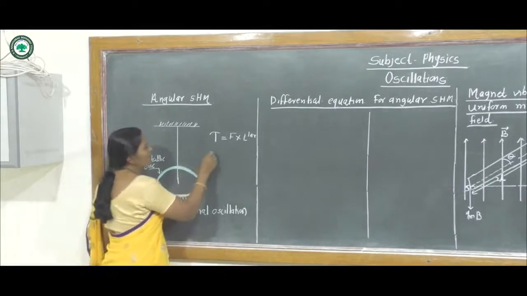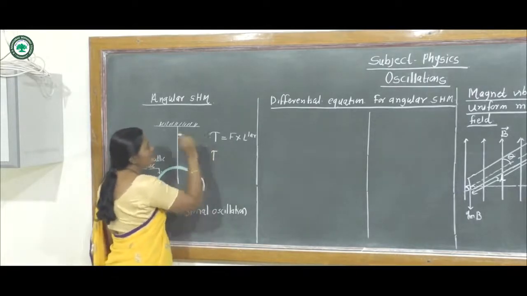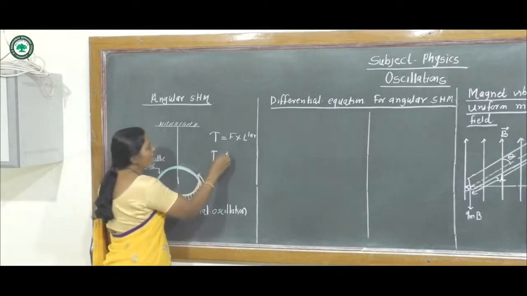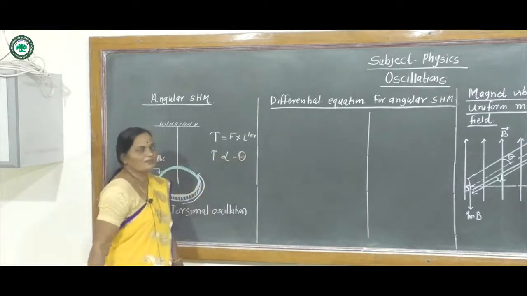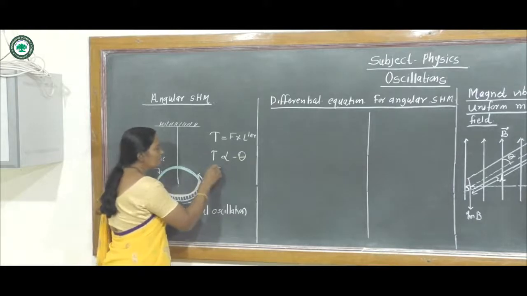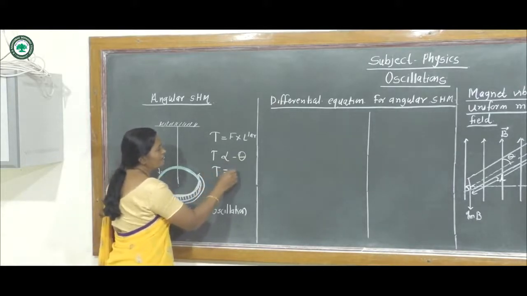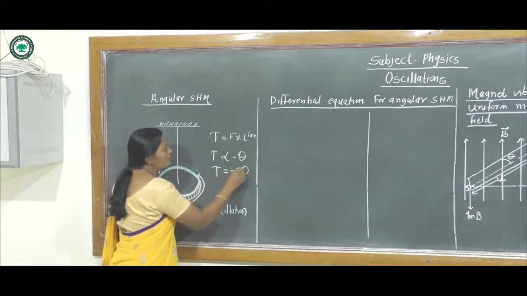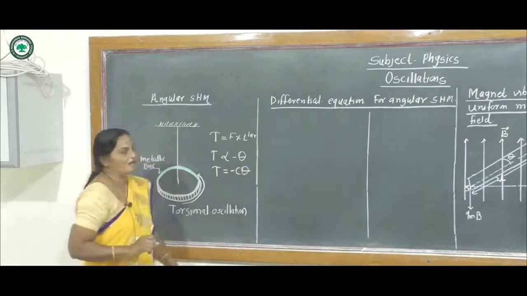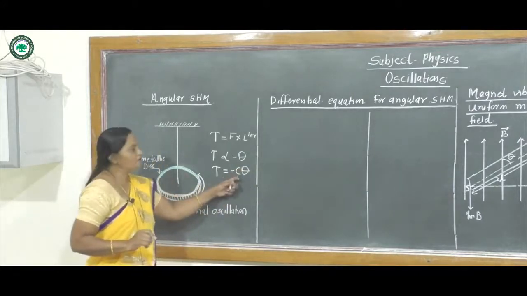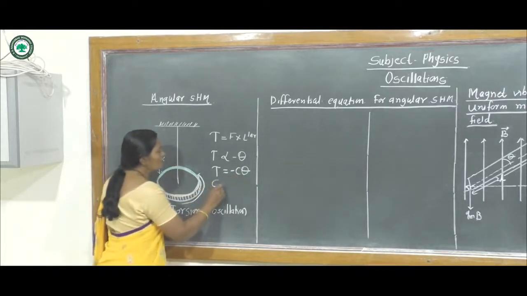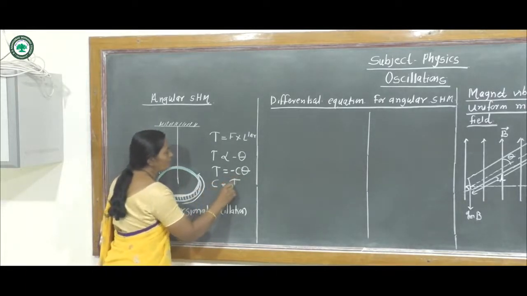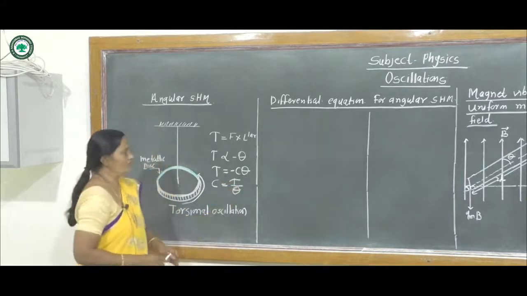Now, from this we can say that in angular SHM, this torque is directly proportional to the magnitude of the angular displacement. Therefore, we can write it as minus c theta. This c is called the proportionality constant, and it is the restoring torque per unit angular displacement.